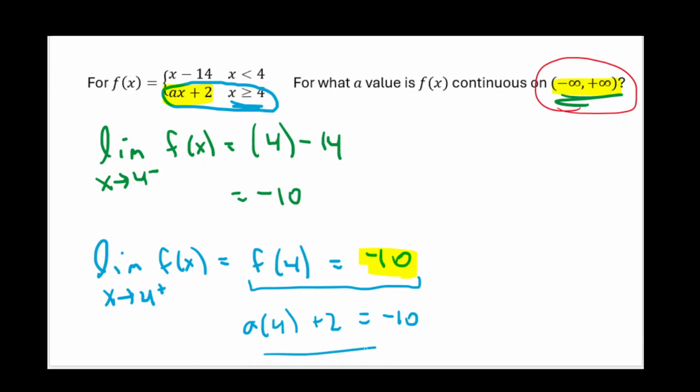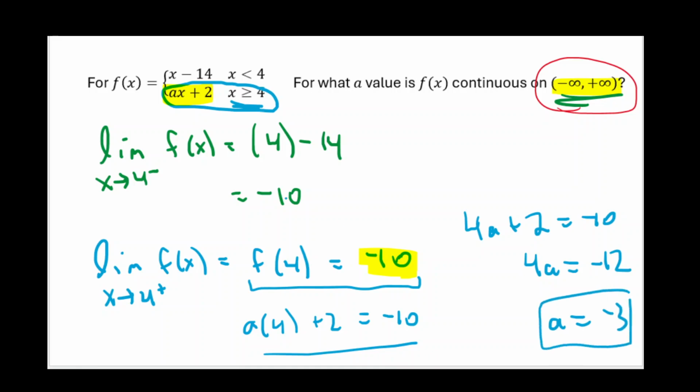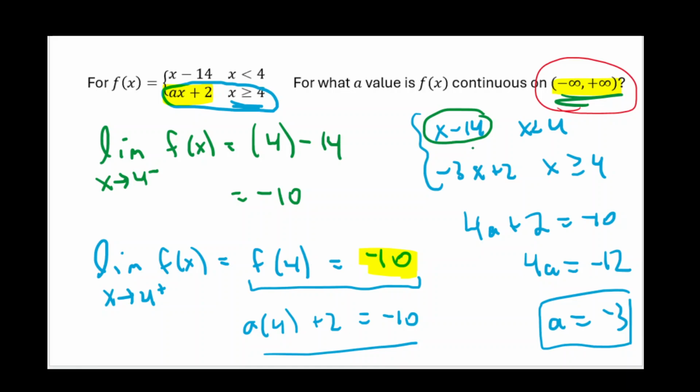So let's look at this algebra. What I have is 4a plus 2 equals -10. Just solve for a. So 4a equals -12 and a equals -3. So if my function looked like this, -3x plus 2, then at x equals 4, the left-hand limit would be -10.